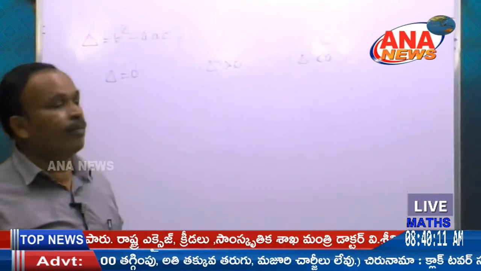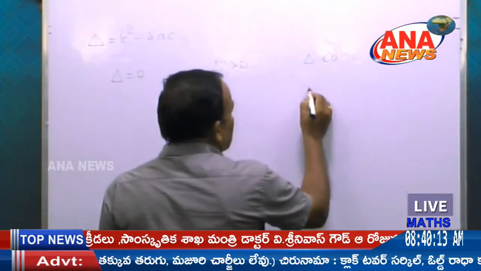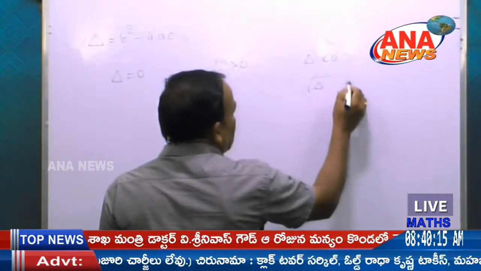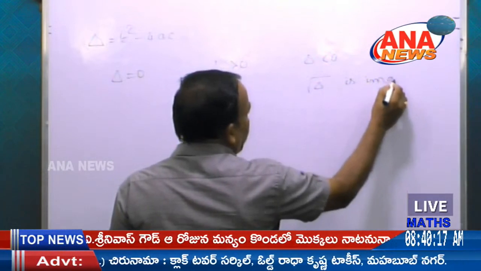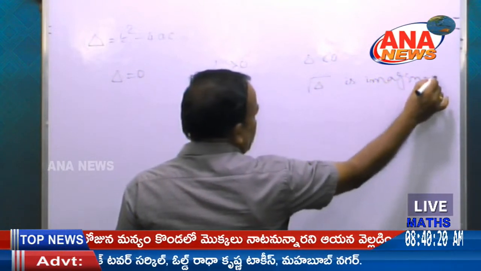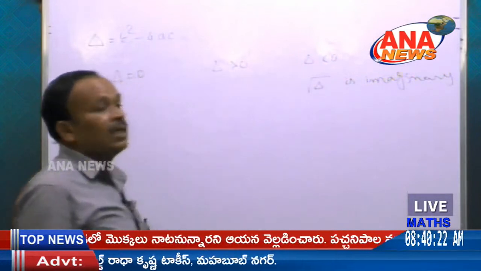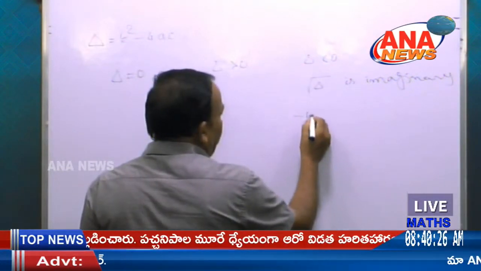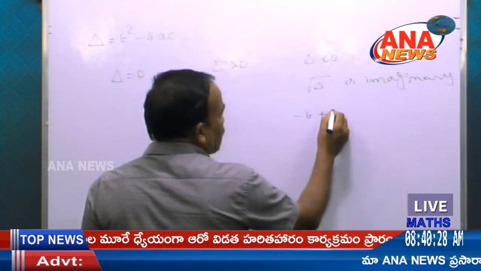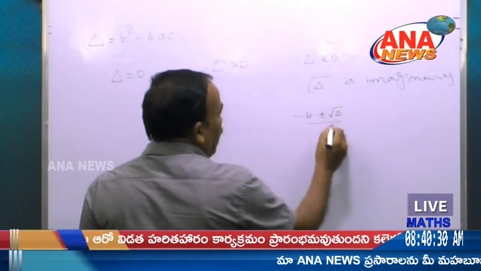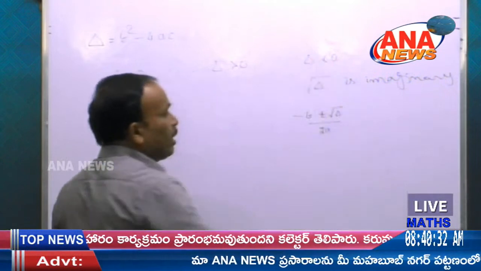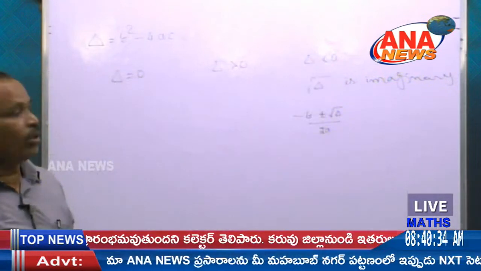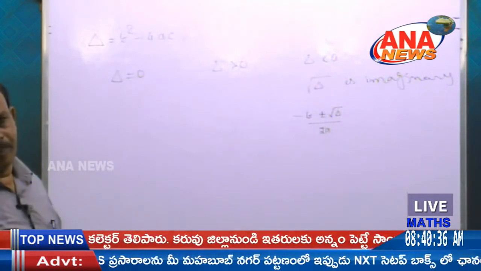Delta less than 0 means root delta is imaginary. So the roots are minus b plus or minus root delta by 2a.